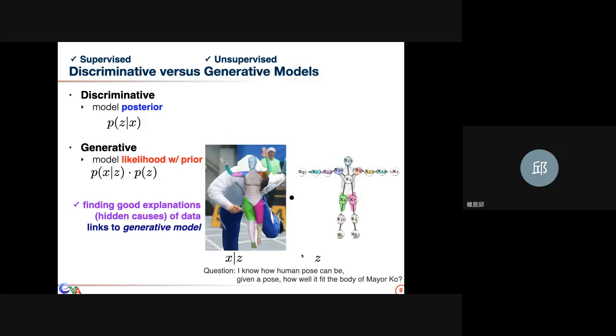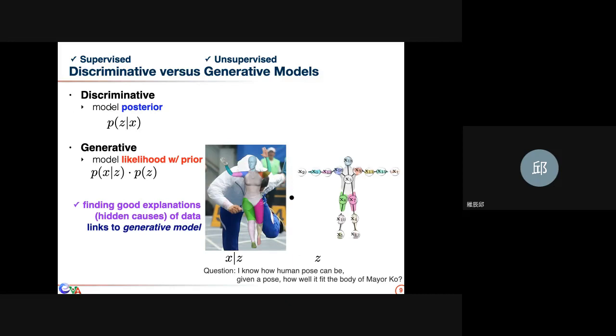And how about the generative model? The generative model is actually trying to see the whole problem from another perspective. If you are familiar with Bayes' theorem, you know that the posterior is proportional to the product of the likelihood and the prior, right?